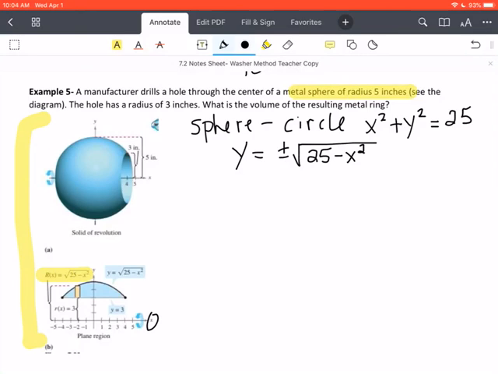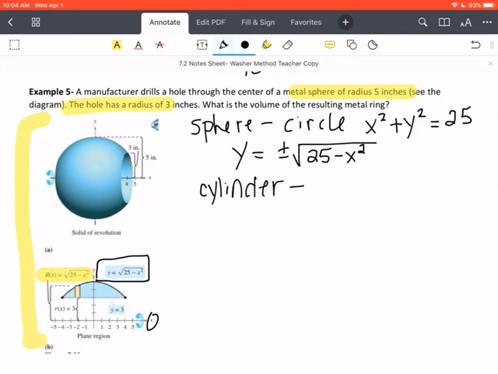So that is how they came up with the function square root of 25 minus x squared as the definition of the outer function. But then it says the hole always has a radius of 3. So what shape is that hole going to be? It's really going to be a cylinder.